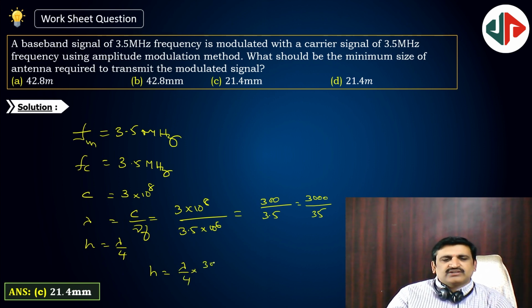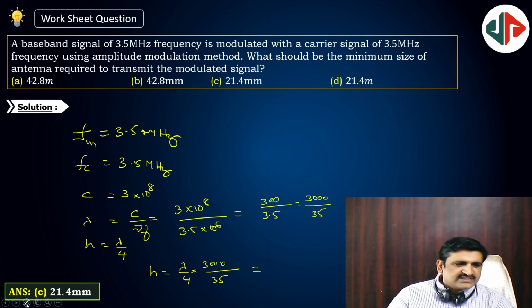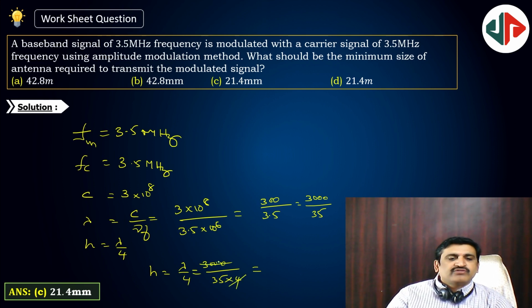Lambda value 3000 by 35 meters. H by 4 we want, right? By 4 will be 1500. By 2 only 1500, so another 2 will be 750. 750 by 35.